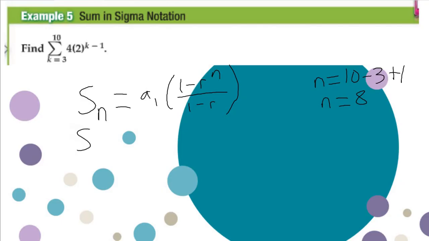So we have S sub 8 equals. Then be careful, because remember, my first term is not the 3. My first term is what I get when we plug in 3.